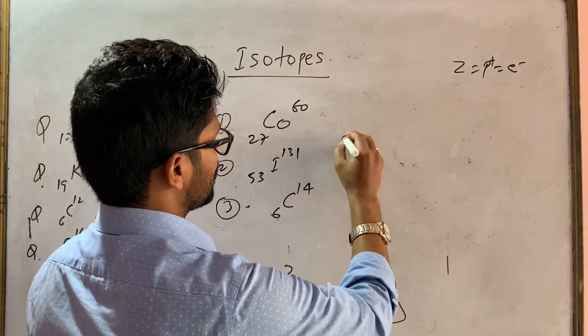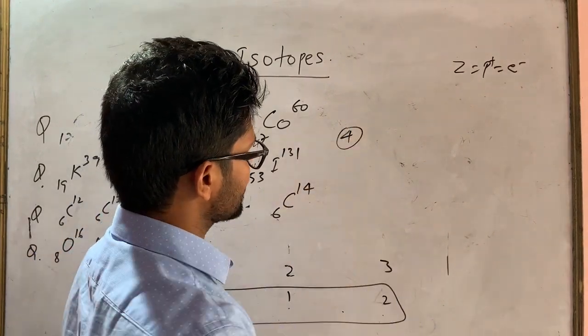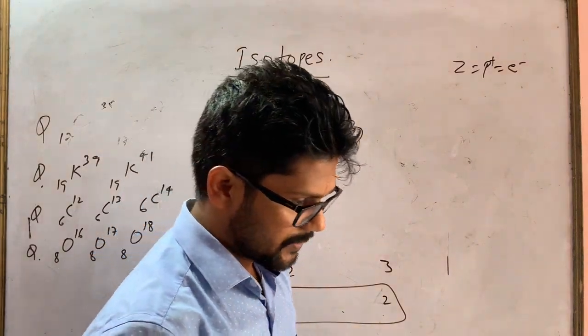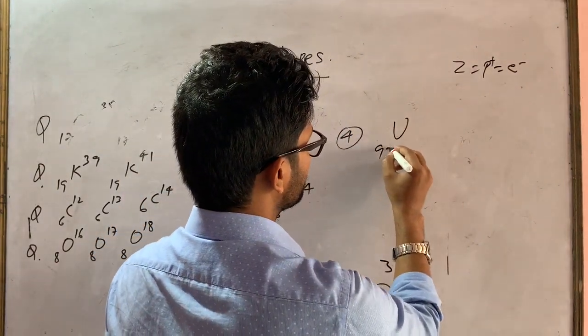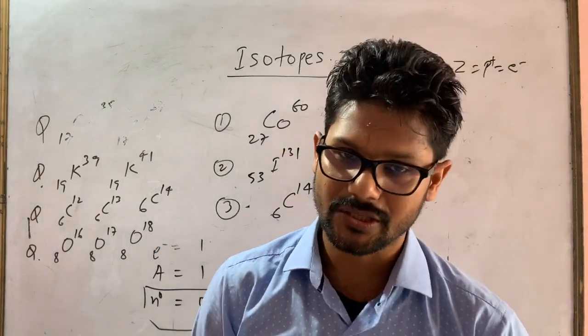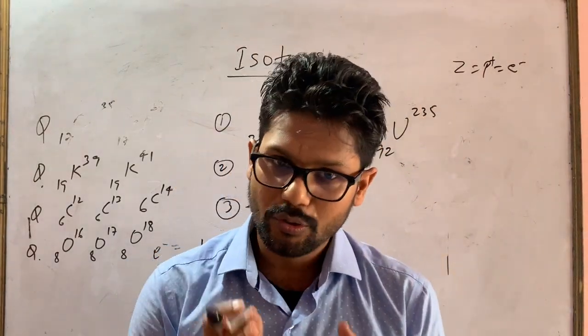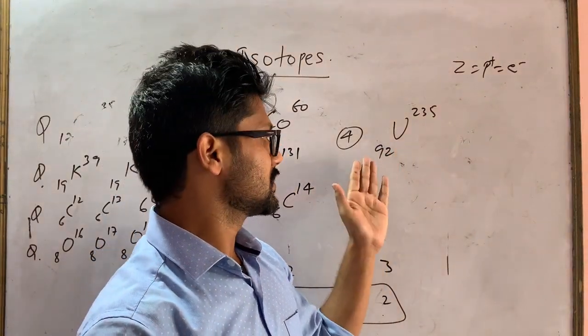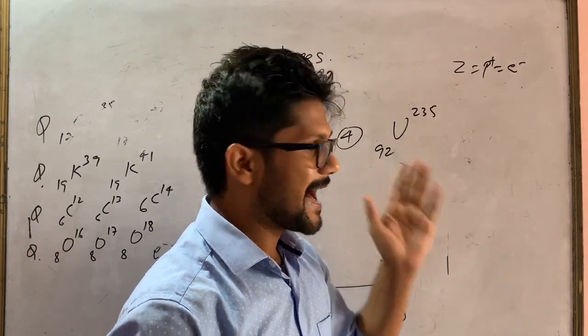More examples or more uses: radioactive elements, uranium 92 and 235. You know that nuclear reactor. In a nuclear reactor, uranium is an isotope which is used as a fuel.